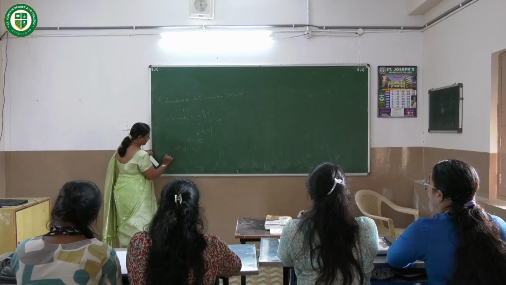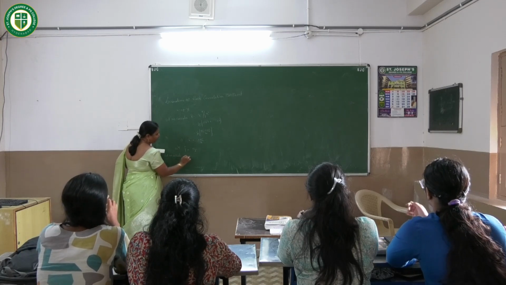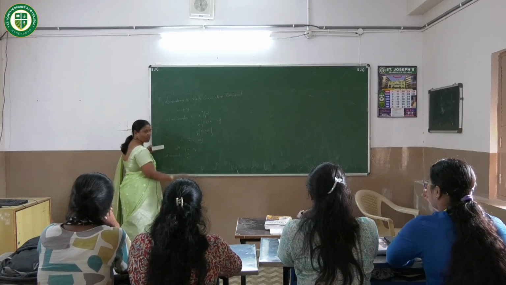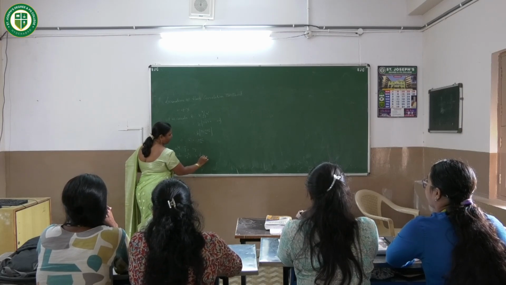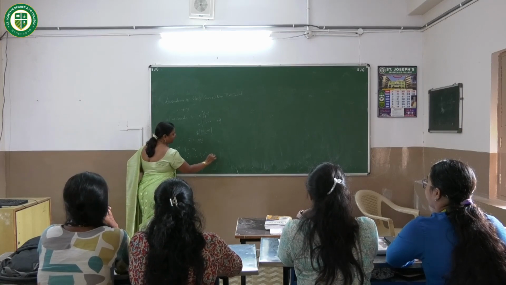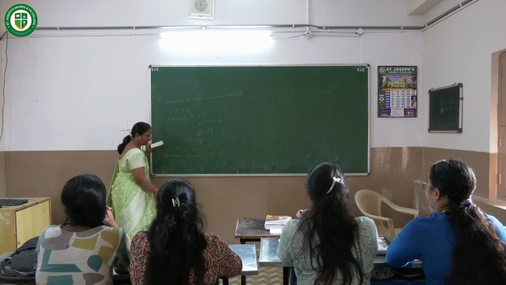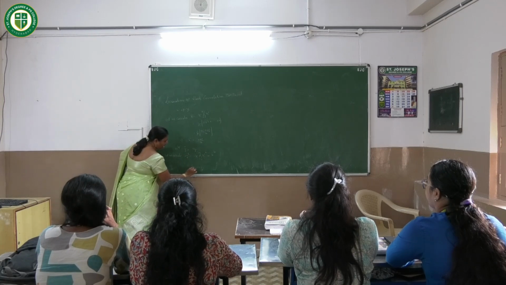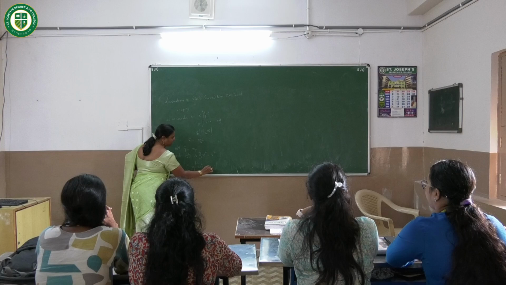Then let us consider sigma x square. We know sigma x square is equal to 1 by n summation xi square minus x bar square, where i is equal to 1 to n, which is equal to 1 by n into summation xi square, that is 1 square plus 2 square and so on plus n square, minus x bar square.